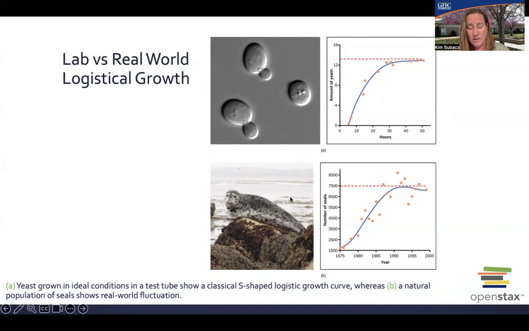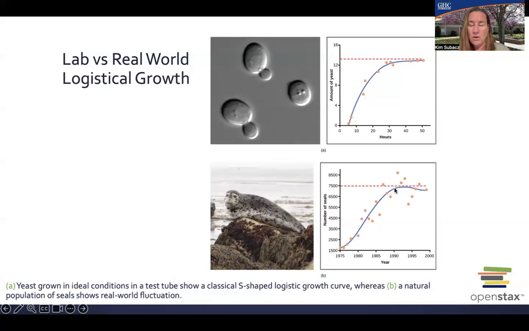And back in the day, humans did what humans did, and we killed off lots of them. And then once we made that illegal, you can see 1975, I'm assuming the law went in place around that time. Once it was made illegal that we could no longer hunt and harvest these for meat and fur, you can see this J-shaped growth, crazy growth until about 1990, where they eventually ran into carrying capacity.